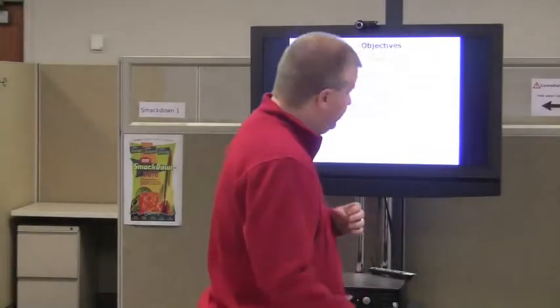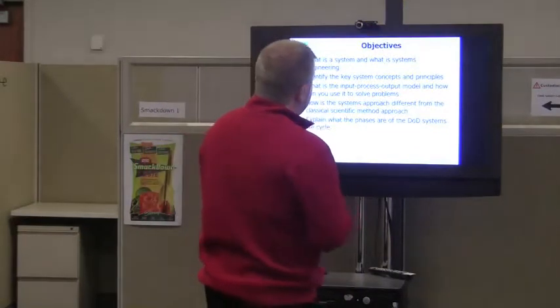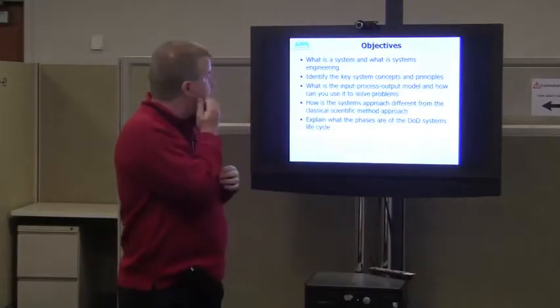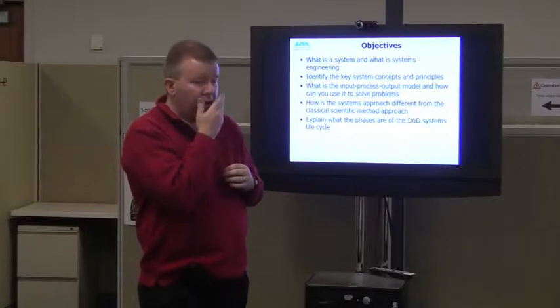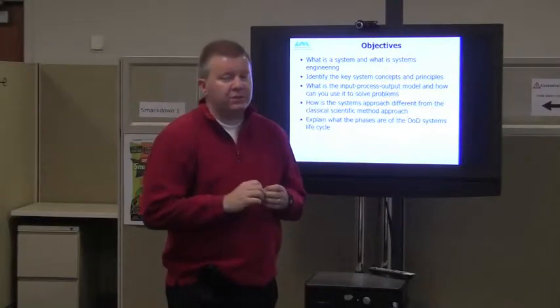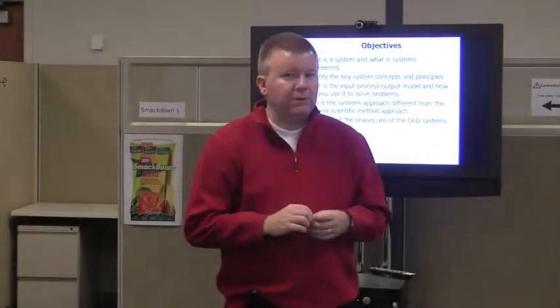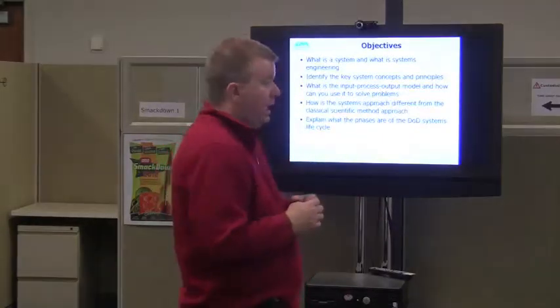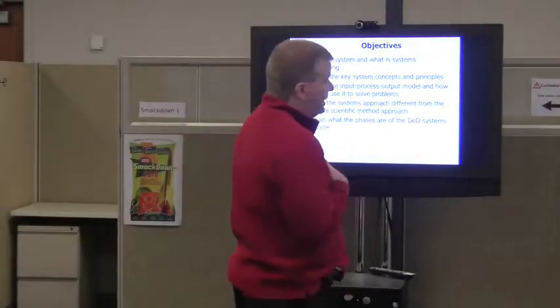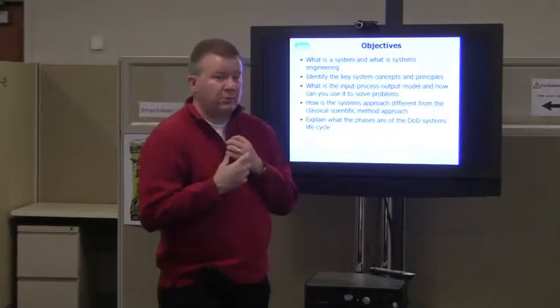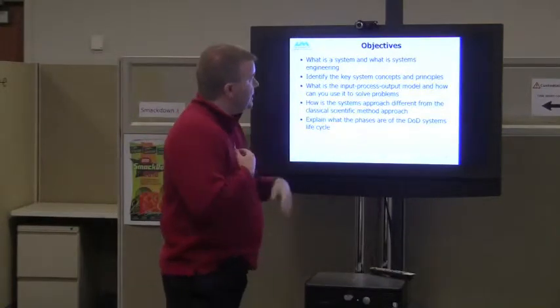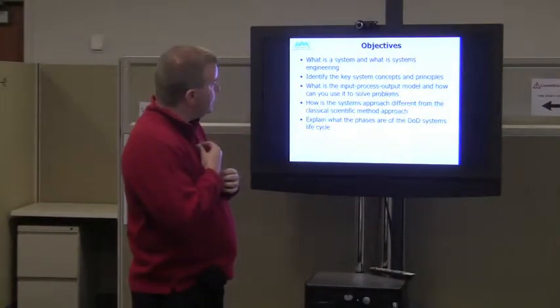So in chapter 2, the objectives, what we're supposed to do is figure out what a system is and what system engineering is. A lot of people have different definitions of system engineering, so we'll give you the one that's in the book and the one that I like, and then we'll go from there. We need to identify the key system component concepts and principles.